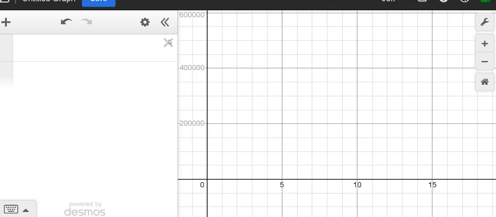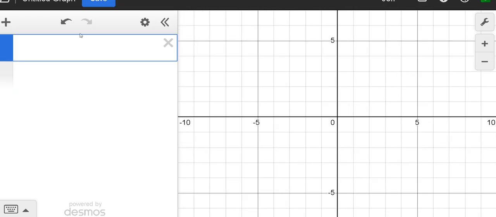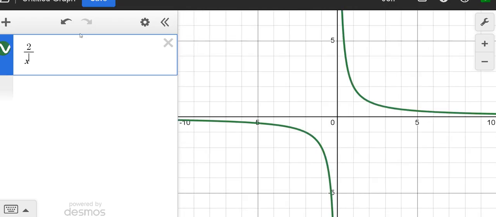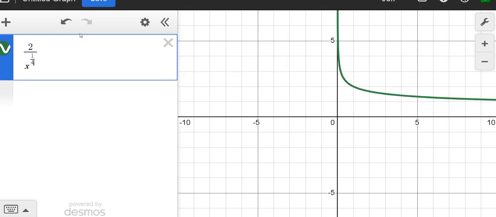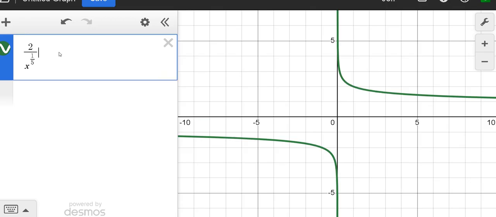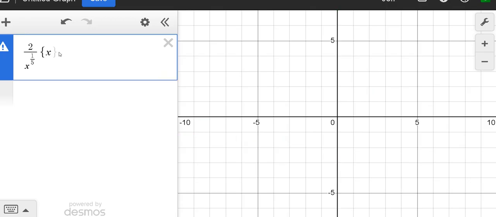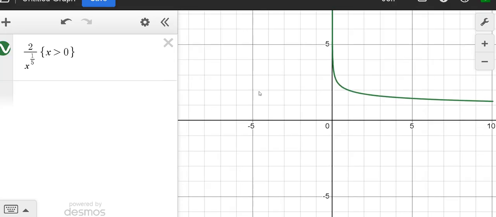2 over x raised to the 1/5. And I want to look at that for positive values of x. There you go.